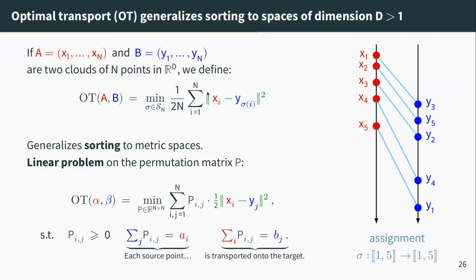Then you can show that this quantity is equivalent to the optimum of this minimization problem with respect to a full n by n coupling matrix, with constraints that encode the fact that it should be a permutation matrix. So the constraints tell you that the transport plan P should be non-negative, and each source point should be transported onto the target.